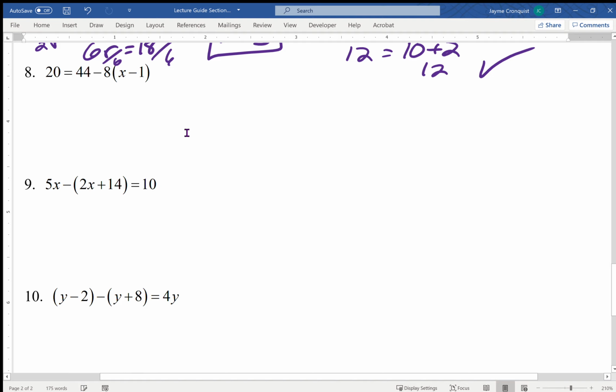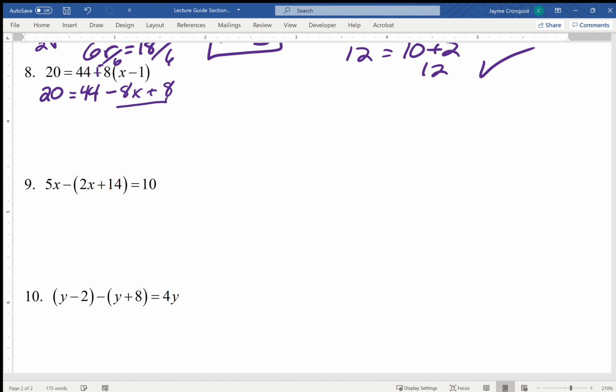Okay, so now we only have one x in there, but we've got to simplify. So 20 equals 44. Remember, this is the same thing as plus a negative 8. Negative 8 times x is negative 8x. Negative 8 times negative 1 is plus 8.